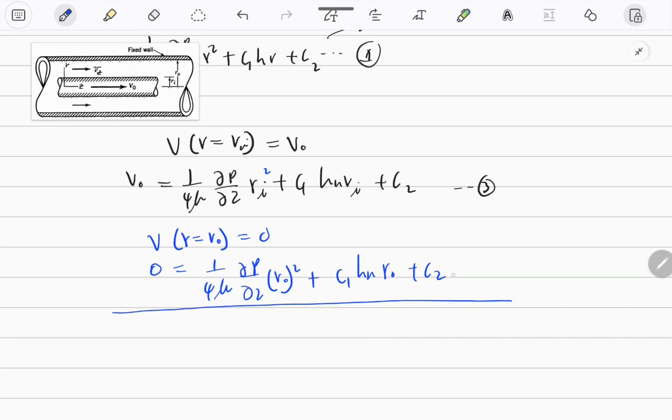So we can subtract these two equations. This is equation number 4. We can subtract them and have a good solution.